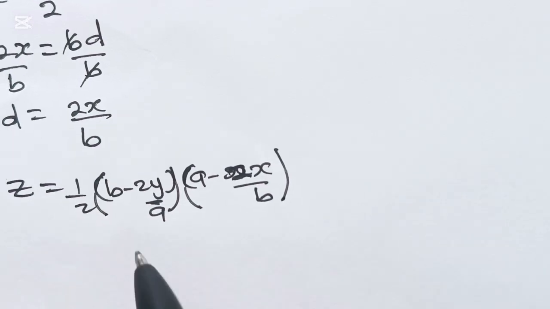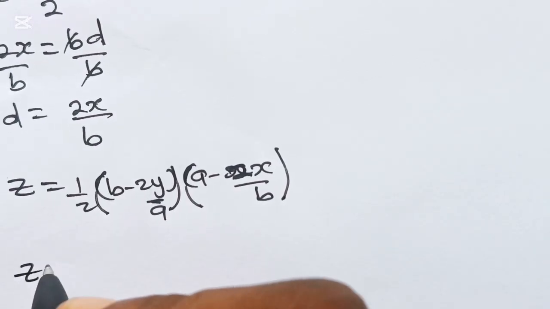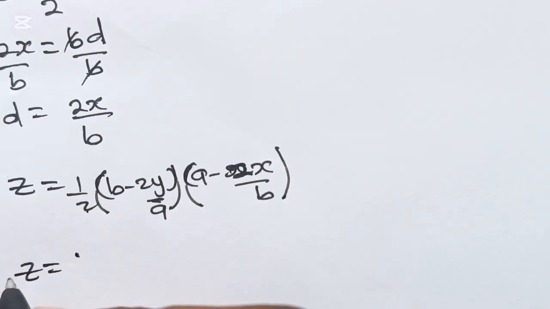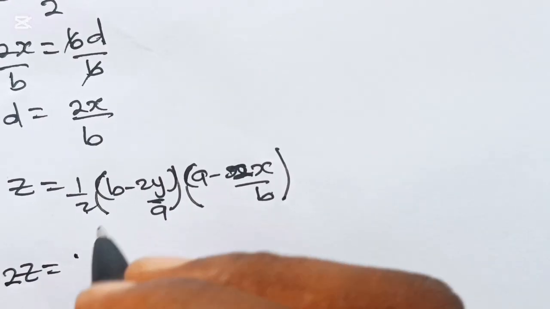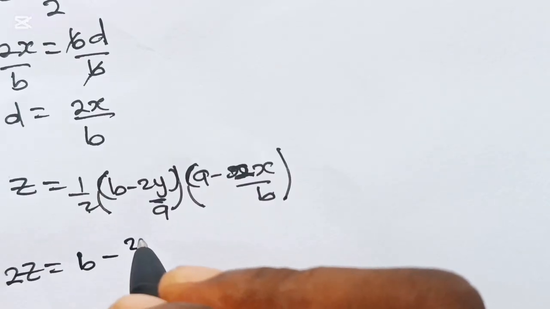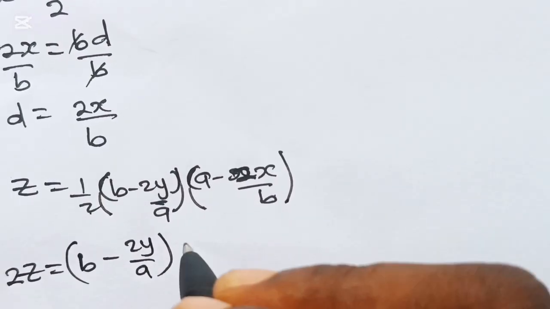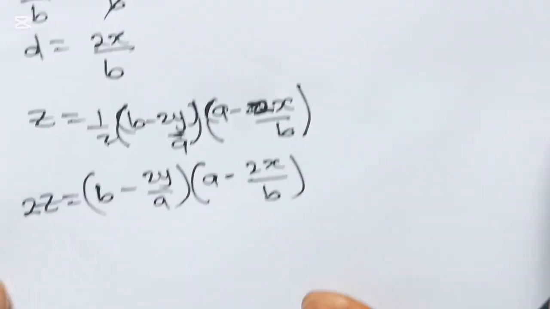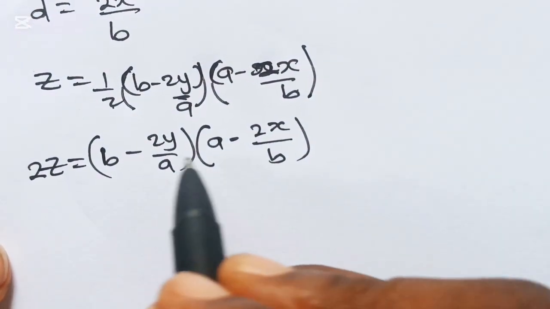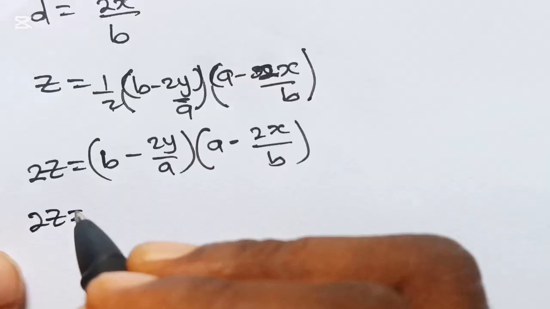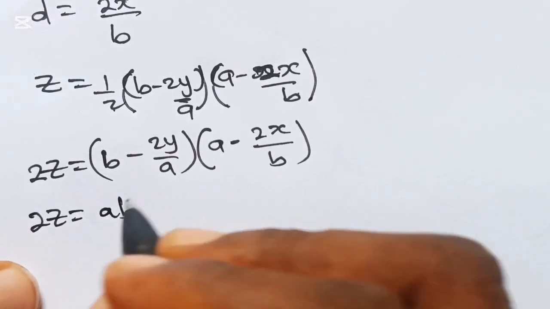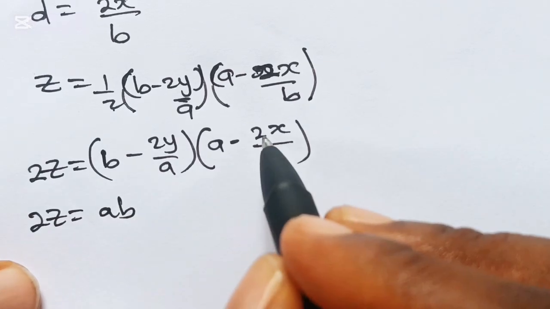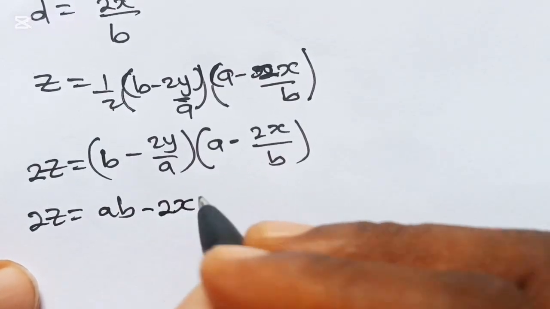Now, let us open this bracket. So we have z is equal to half. 2 times z will give us 2z, and we are left with b minus 2y over a multiplied by a minus 2x over b. Okay, now let's open the bracket. 2z is equal to b times a is ab, b times minus 2x over b, we cancel b and we are left with minus 2x.